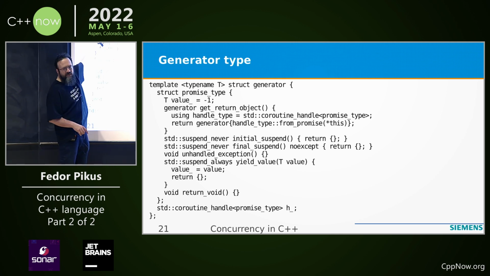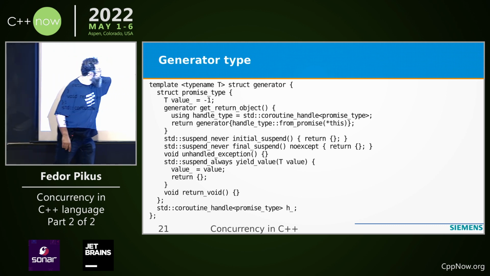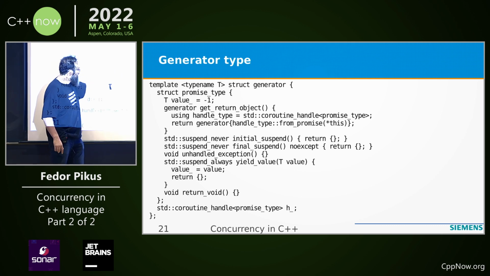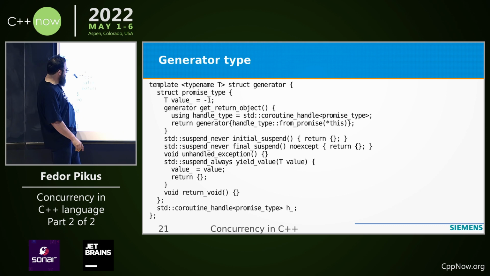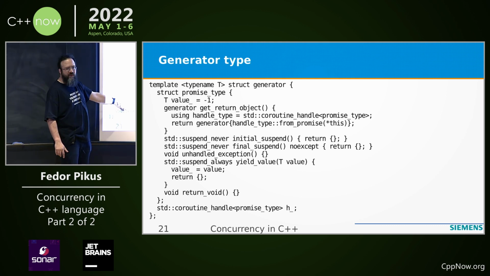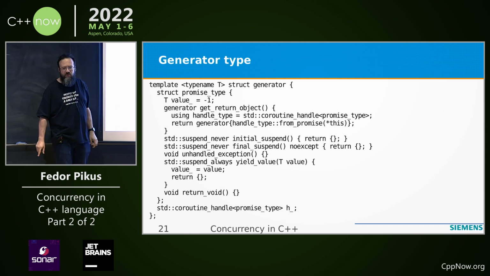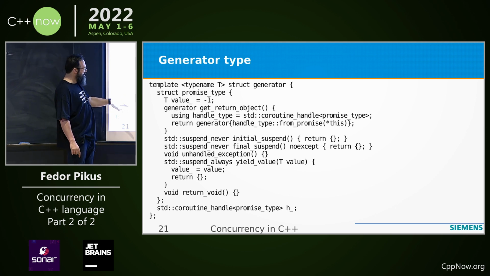It could be a using alias, so it doesn't have to be a nested class, but it has to have a nested type. Inside that nested type, you must have initial_suspend, and final_suspend with noexcept. Initial suspend can be noexcept, but doesn't have to be. unhandled_exception must return void, and so on and so forth. All of these are standardized. So no, it cannot be no return. Furthermore, it's a very specific return.